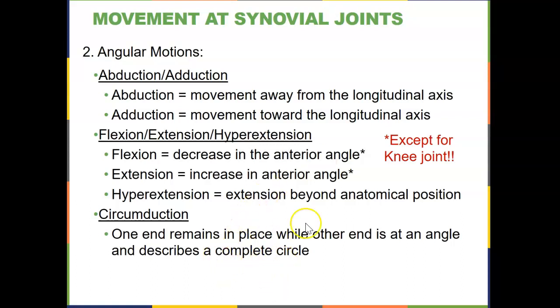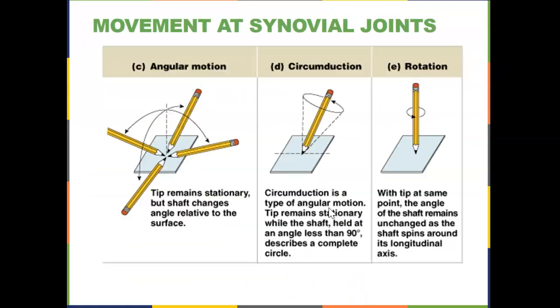Circumduction is where you move your arm around in space. Basically one end is static and the other side can track around in a complete circle. This is circumduction. Your shoulder stays in place and you can move your arm in circles.